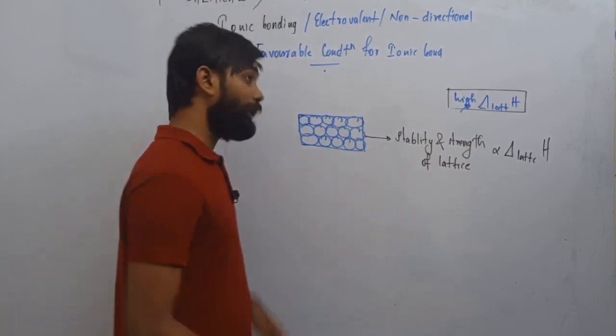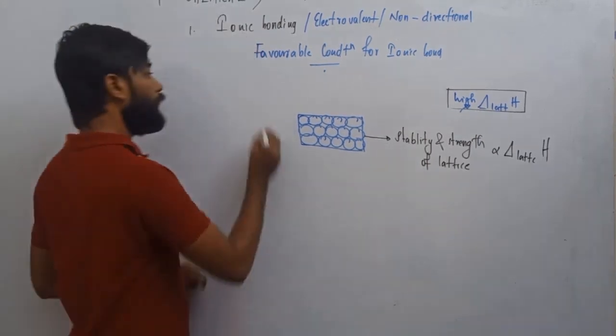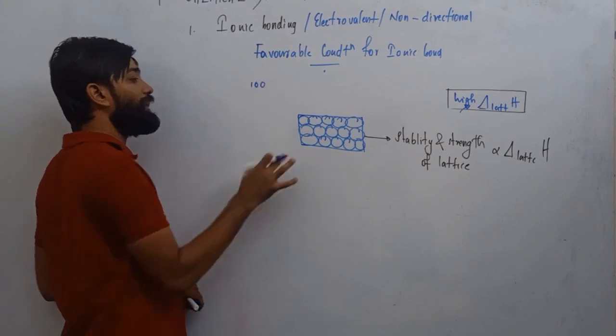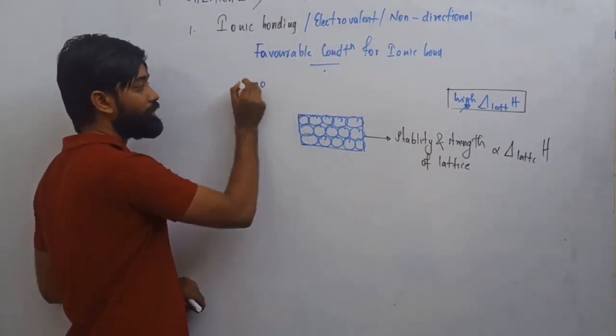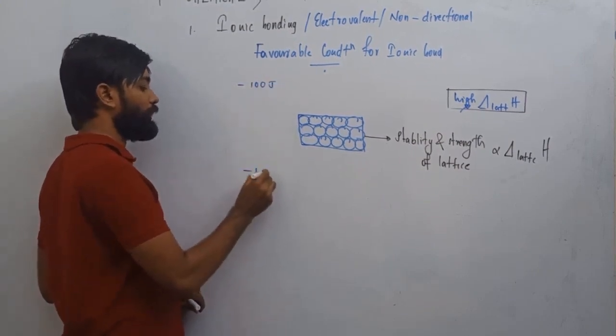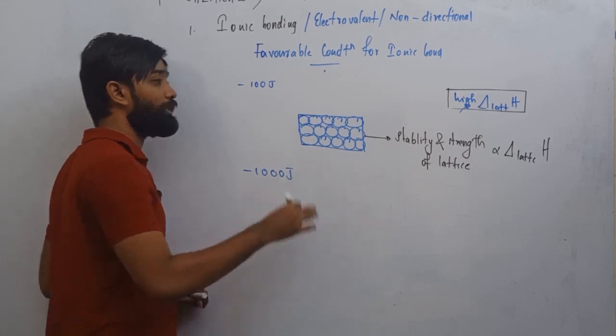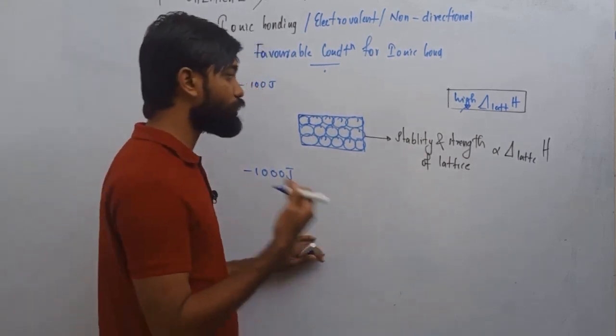For example, if a lattice is formed from some anion and cation, and the energy released is minus 100 joules, and at the very same time another lattice is formed where the energy released is minus 1000 joules, which one is a strong lattice?